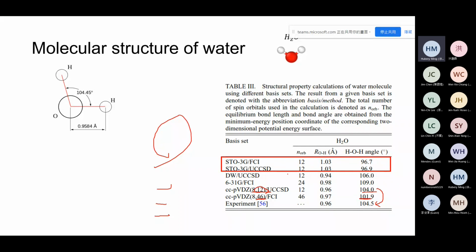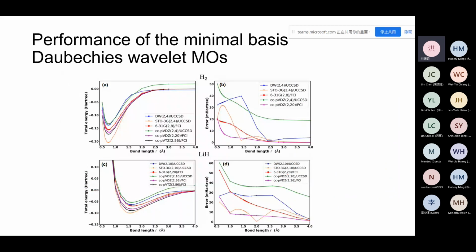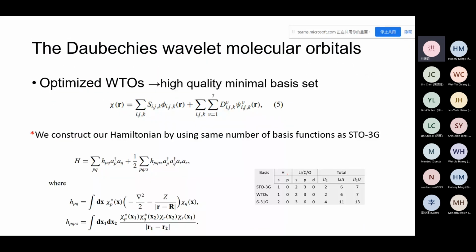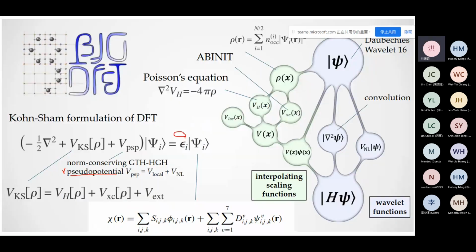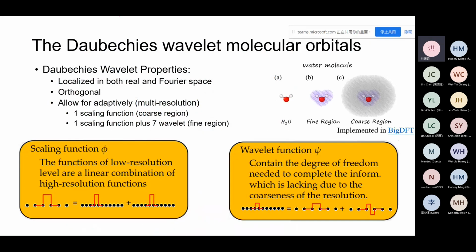So maybe a final question or comment. Did you try the spherical wavelet? Because some molecules may not be suitable for the rectangular wavelet. Yeah, there are lots of wavelets that can be used for quantum chemistry calculations. The Daubechies wavelet is just the most famous one.